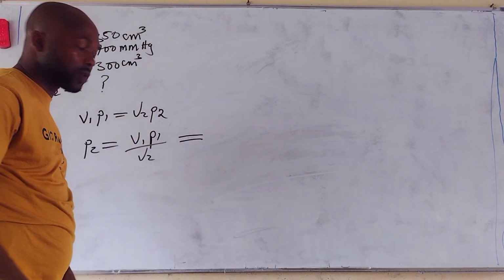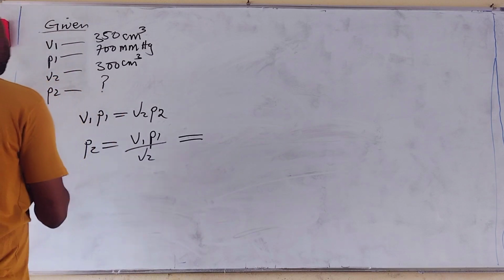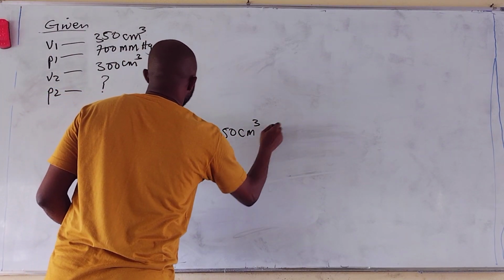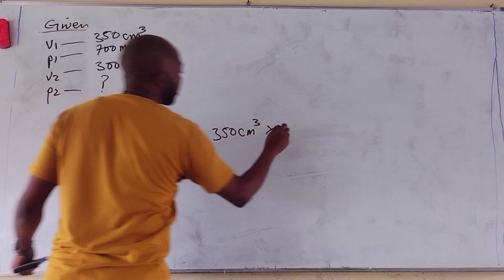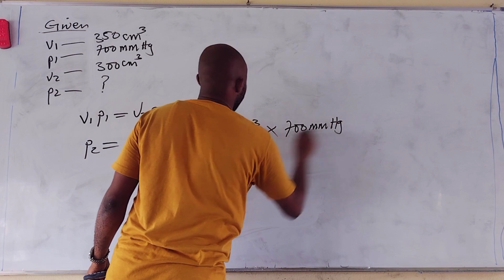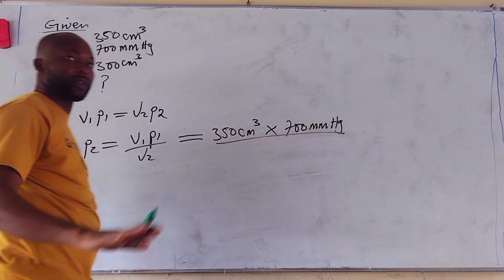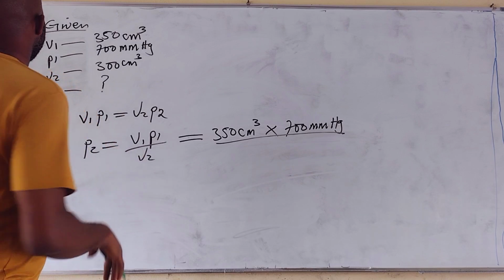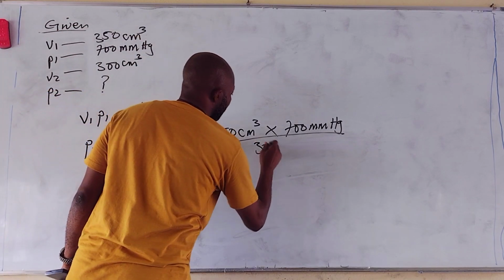Okay, I have this already, so let's do V1 is 350 cm cube times P1 is 700 millimeter of mercury over V2, which is 300.